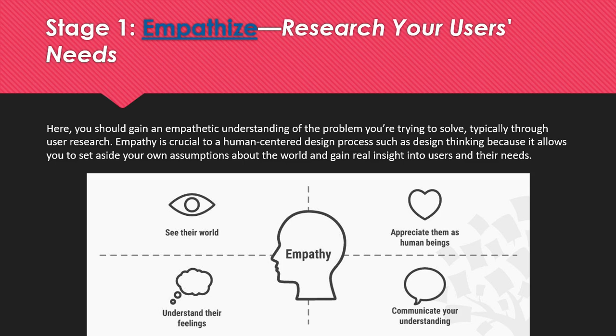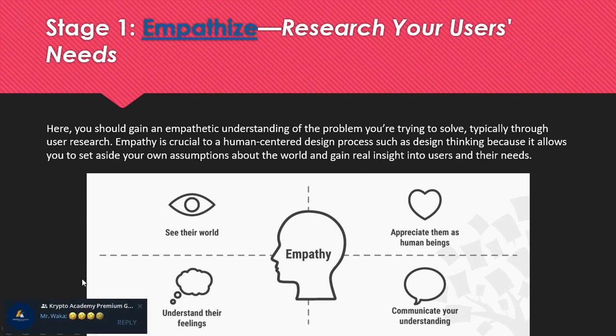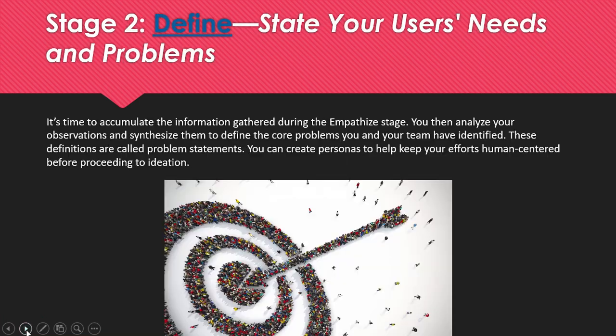Maybe there's something you didn't get right. It means that if you didn't get something right here, when you are testing the product, you will come back to this place and do it all over again because you got it wrong here. That's why design thinking is iterative. You don't just go straight and think you're done. There are times you have to come back. I don't know if you guys are following.